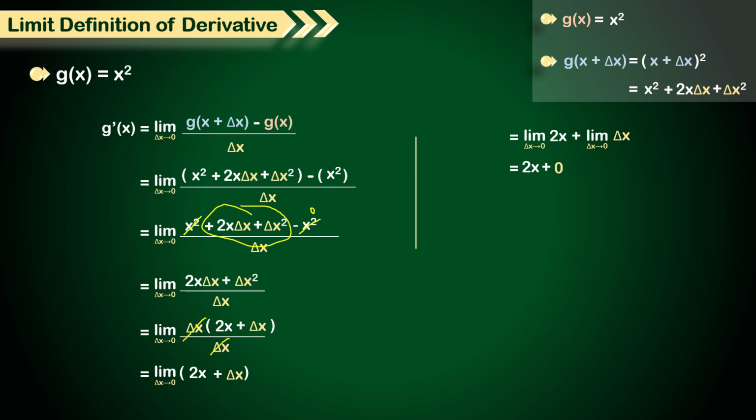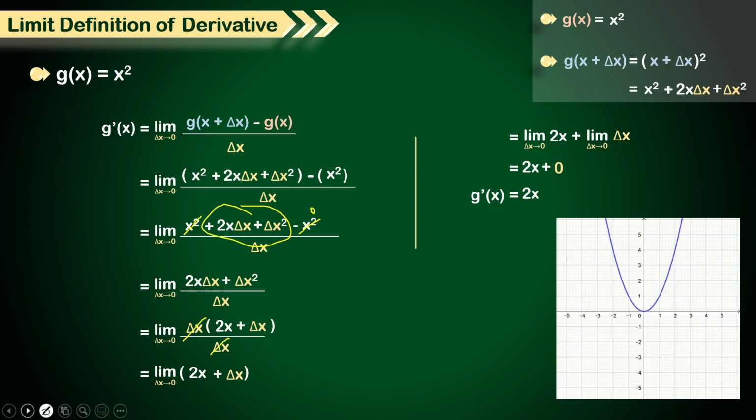Then, the derivative of our function, g of x is equal to x squared, is 2x. G prime of x is equal to 2x is the general derivative of g of x.